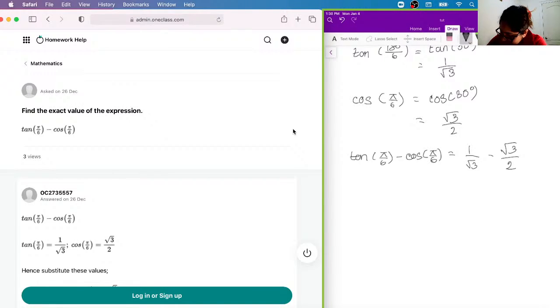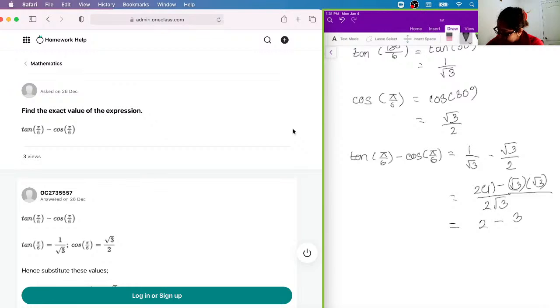So we can say that our common denominator would be 2 root 3, and we have 2 times 1 minus root 3 times root 3. You can further simplify this by saying 2 minus 3, right?